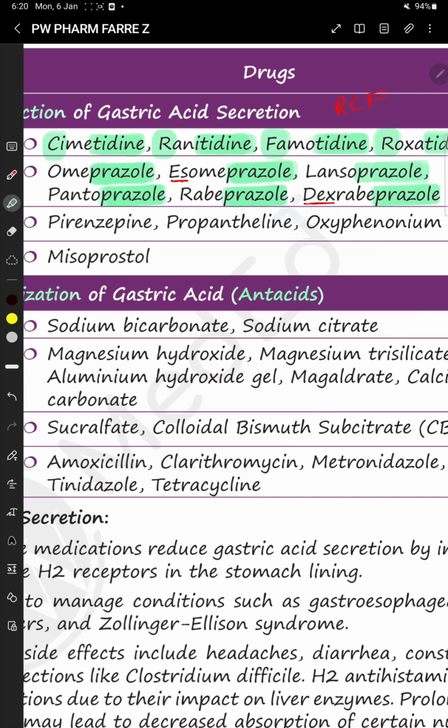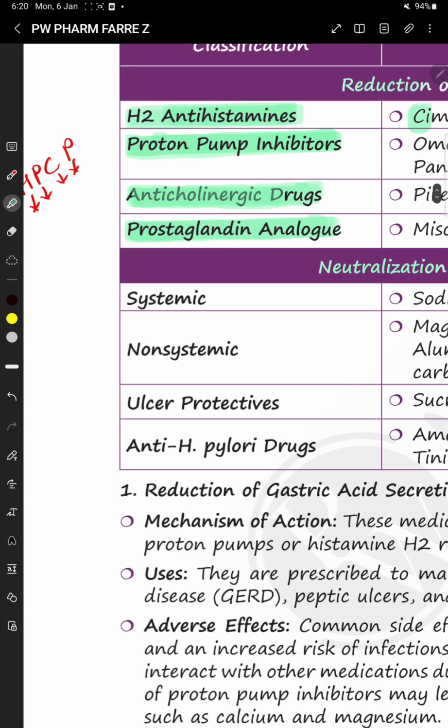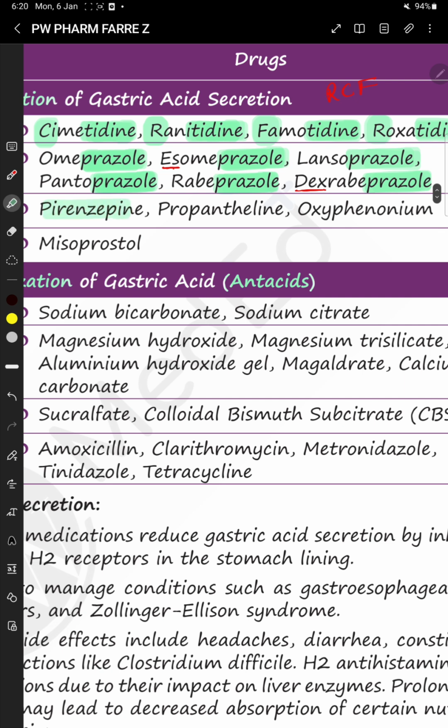Examples of proton pump inhibitors: omeprazole, esomeprazole, rabeprazole, dexrabeprazole, pantoprazole, and lansoprazole. The third category is anticholinergic drugs, in which we have pirenzepine, propantheline, and oxyphenonium.